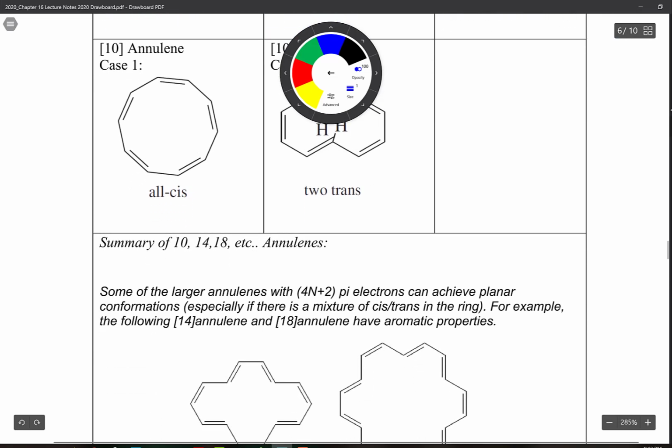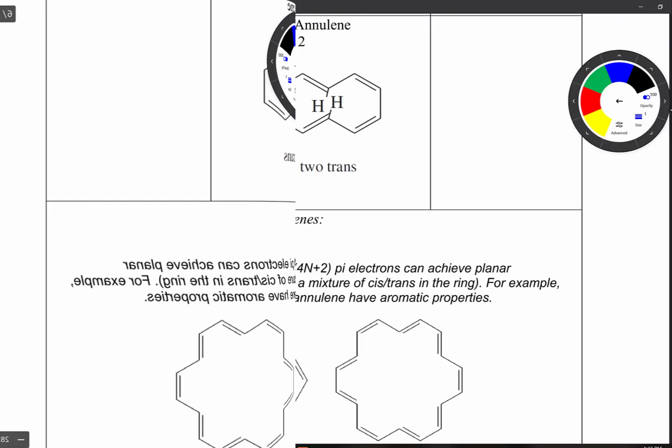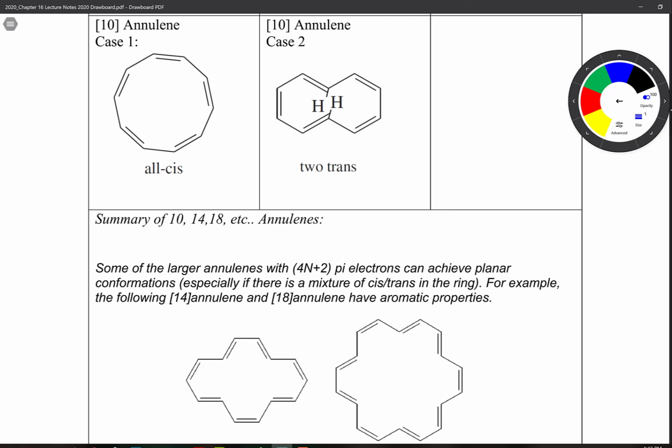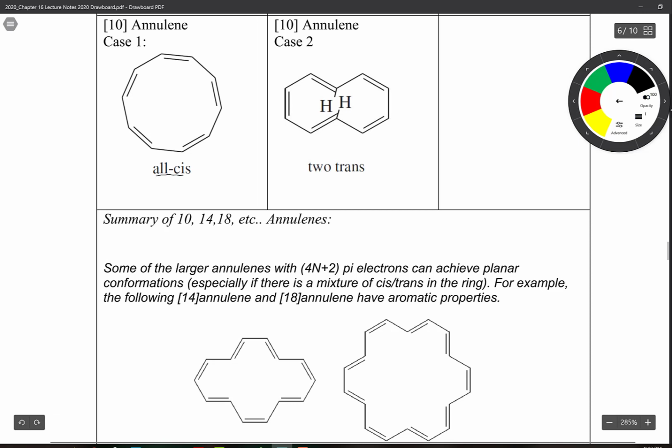All right, what about 10-annulene? In 10-annulene, I want to point out in this conformation that we're all cis, so everything is cis here. Now, one of the problems that you have is that when you build a molecule like this and you start getting it larger and larger, with those double bonds going from benzene to cyclooctatetraene up to this 10-annulene, you get some strain right here, because this really wants to be 120 degrees because it's sp2, but it starts getting bent and stretched out.